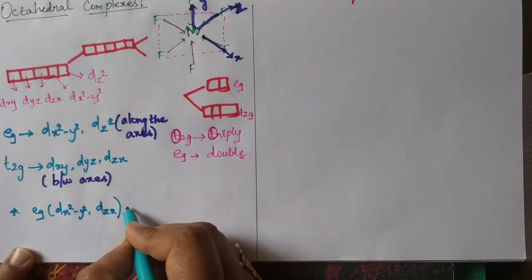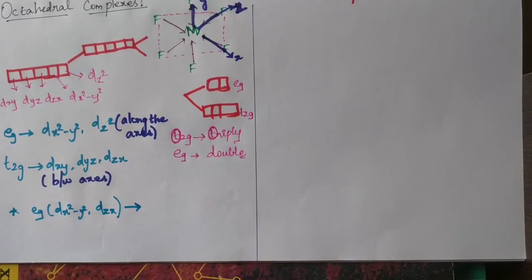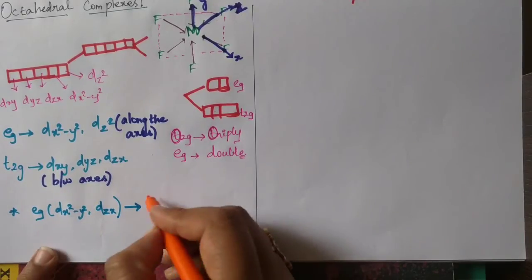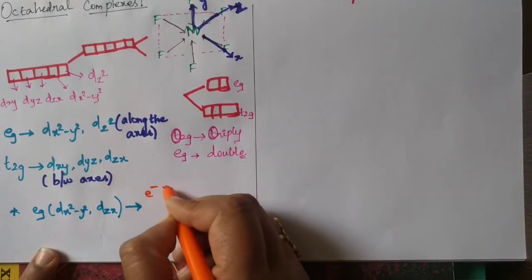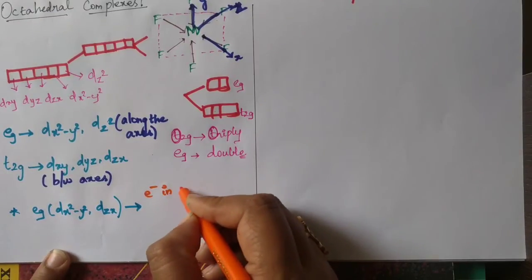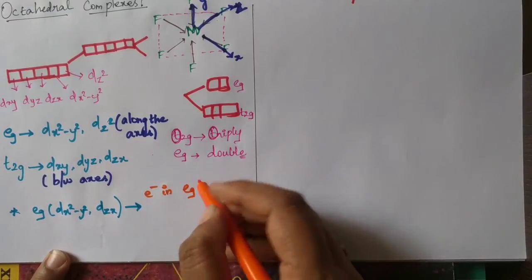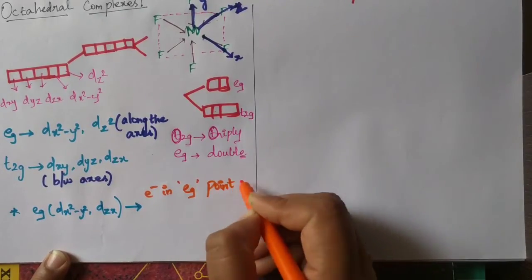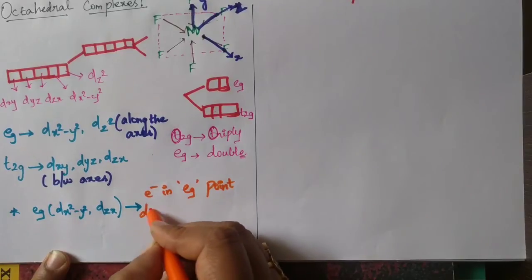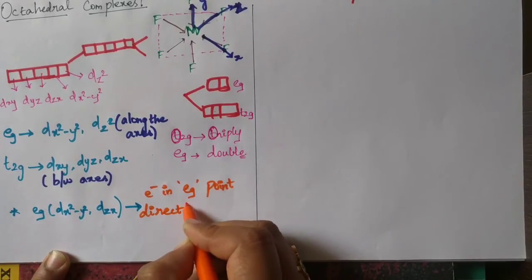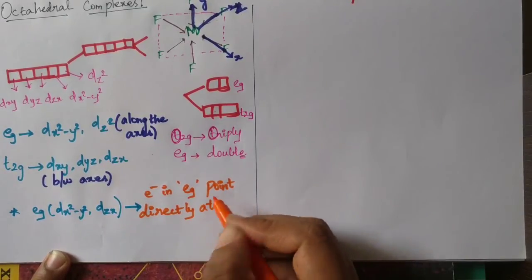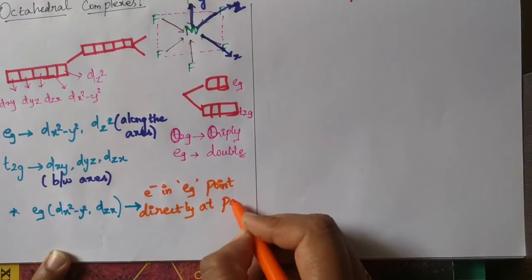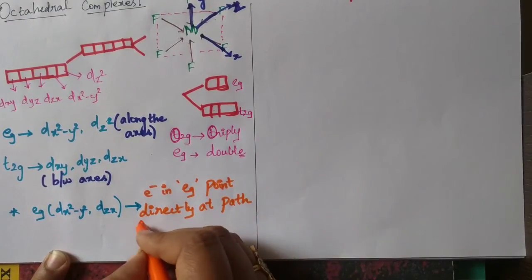So electrons in Eg point directly at the path of ligands.